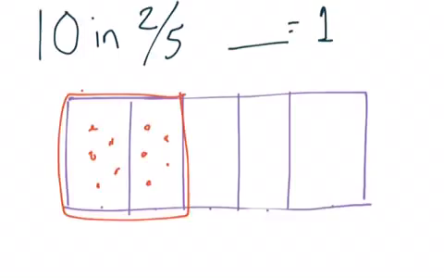I also know that 10 divided by 2 is going to be 5, so I could use my multiplication and division mental math strategies to know that right off the bat, or you can draw them in if you need to. So I know that in 1/5 of my box, there are 1, 2, 3, 4, 5 cookies. In each section, there'll be 5 cookies.